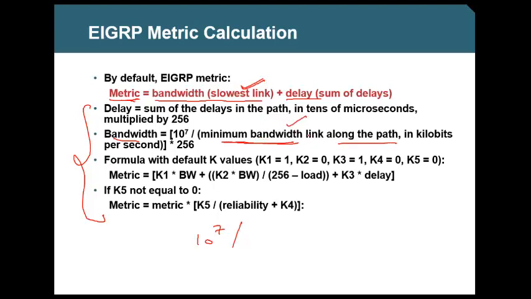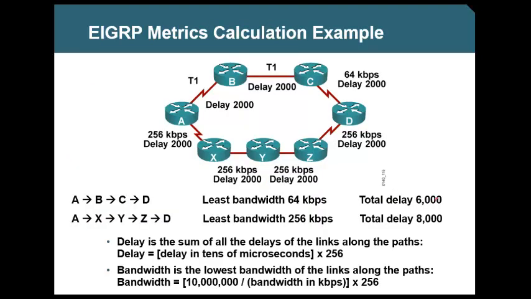For example, in this path, this is the slowest link. This is 1500 kbps. T1 means in megabits it's 1.5 meg. In kilobits we write 1500 kilobits.